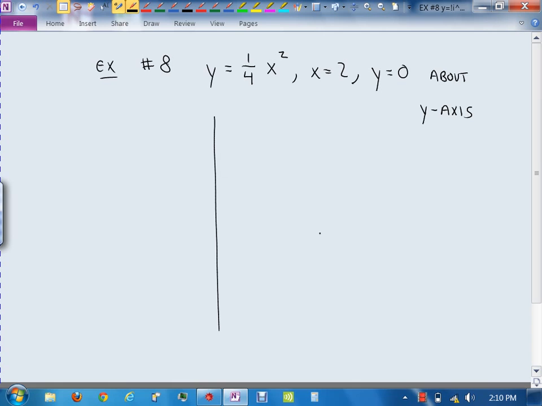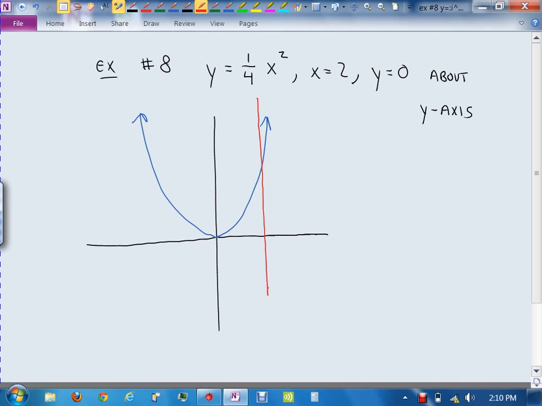So we're becoming somewhat pro at graphing here. Not at all, huh? Y equals 1/4 x squared is that parabola again. X equals 2 is a vertical line, isn't it? Y equals 0 is the x-axis, right?